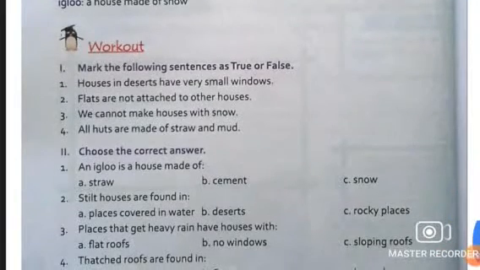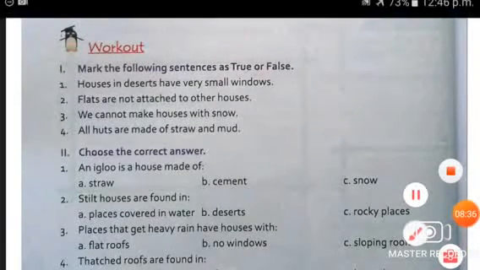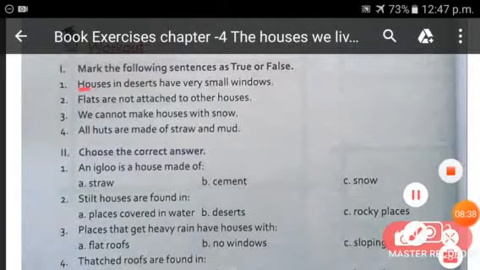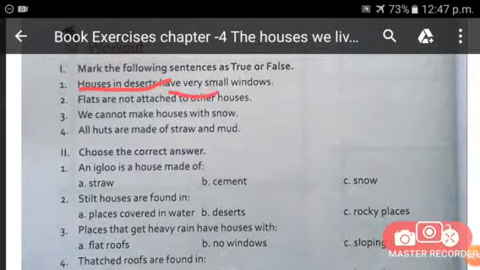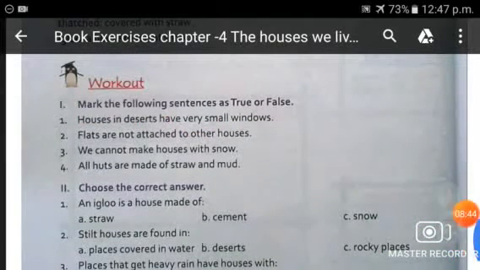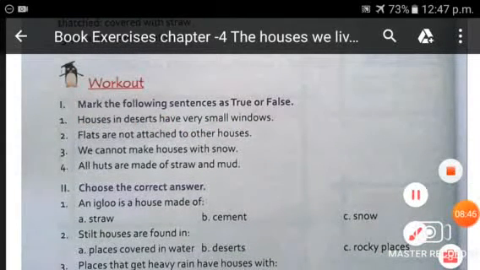The first one is: houses in deserts have very small windows. Is it true or false?